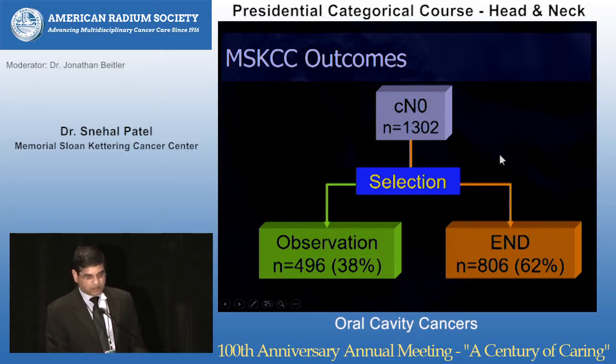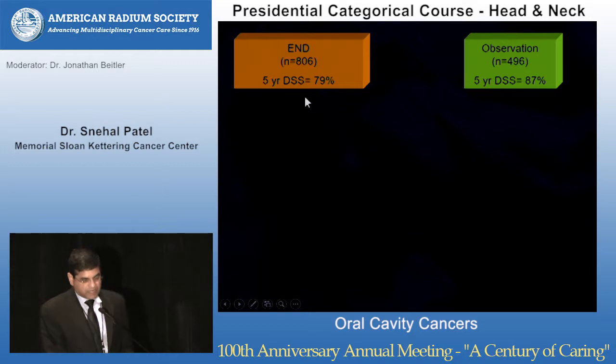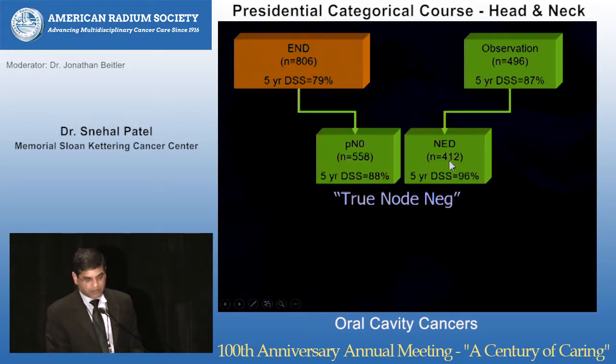If you look at the results of this kind of selective policy of managing the neck, the patients who had elective neck dissection have 5-year survival rates very comparable to those who had observation. So 5-year disease-specific survival rates are pretty comparable.